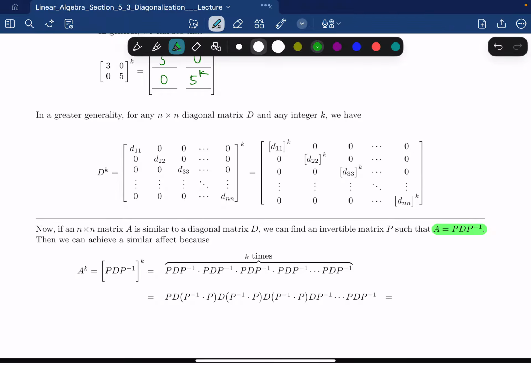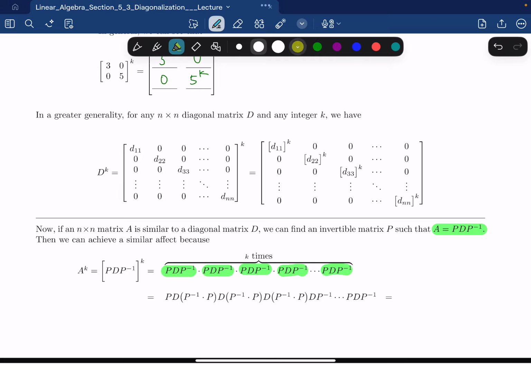If you have that, then we can raise A to the kth power, which is equivalent to raising PDP inverse to the kth power. What we end up getting here is a repetition of PDP inverse, just like this. That's what the kth power means.